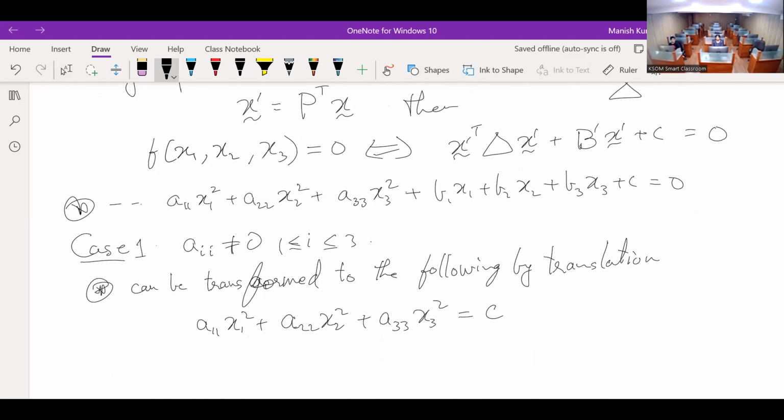So let's just assume C is non-zero, and hence we can divide by C and make it equal to 1, if the quadric is non-degenerate.